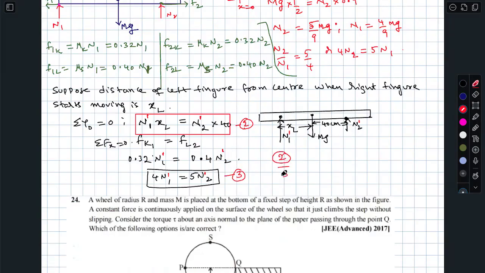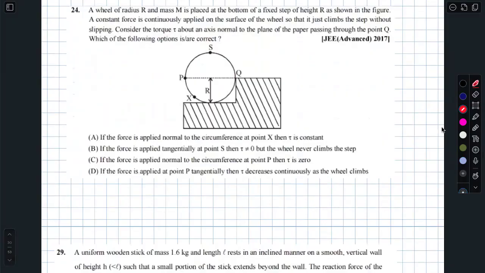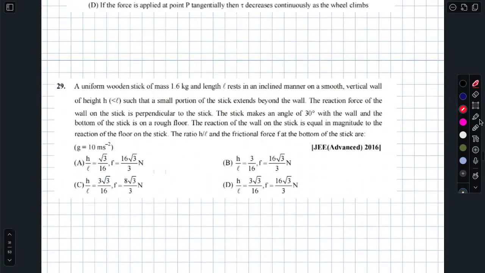Now go by 2 by 3, which implies XL by 4 is 40 by 5. అంతేనా? కరెక్టేనా? ఇది ఎంత కావాలి? XL 5 8 implies XL is equal to 32 centimeters. Right. దీన్ని నేను కొంచెం కిందకి జరపాలి.